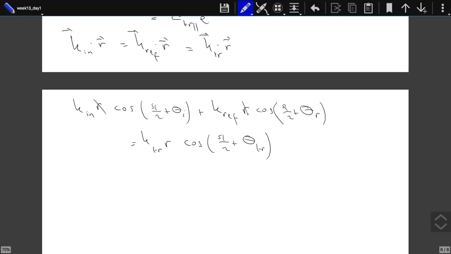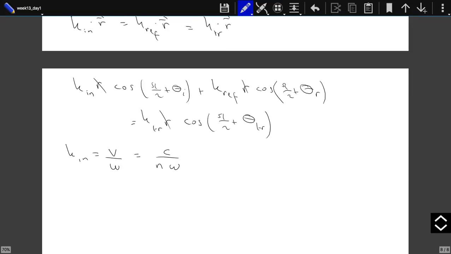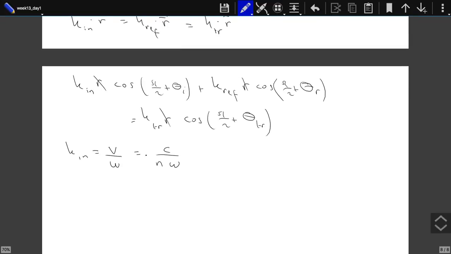Well, R is the same in all of them. And remember, the magnitudes of K are just V over omega, or V is just C over n, over omega. And if we just substitute over there, well, C over omega is common in all of them.